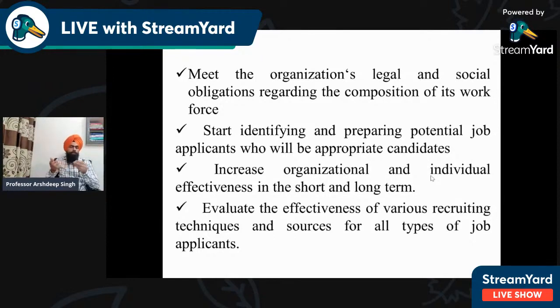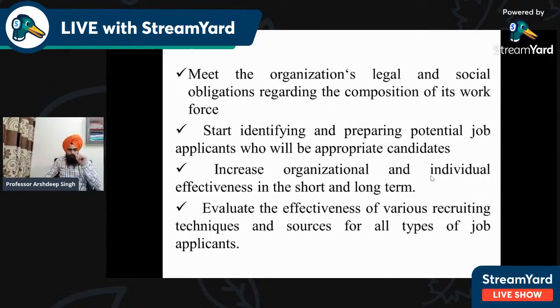Each guideline will be clear under the recruitment process: if you are selected for this job, you have to perform these types of activities. So recruitment decreases any type of conflict between the employer and the employee.